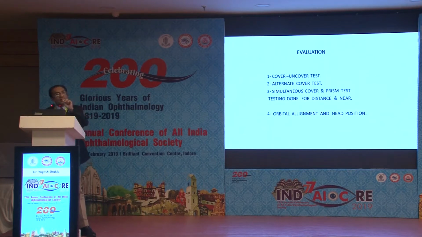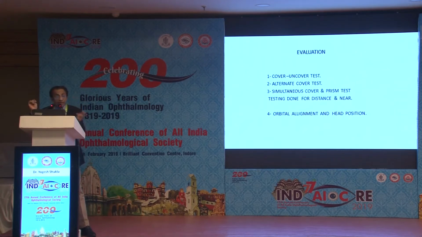If the uncovered eye has moved a little, and when you remove the cover from the covered eye you see more movement, then it is a secondary deviation which is more than the primary. So it gives you an idea that there is some problem of incompetence of the movements.